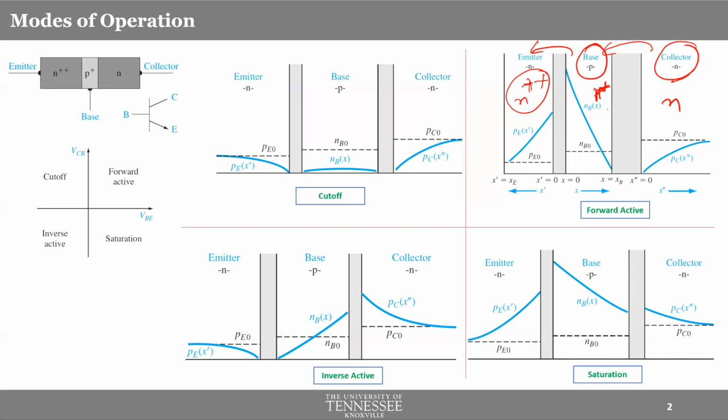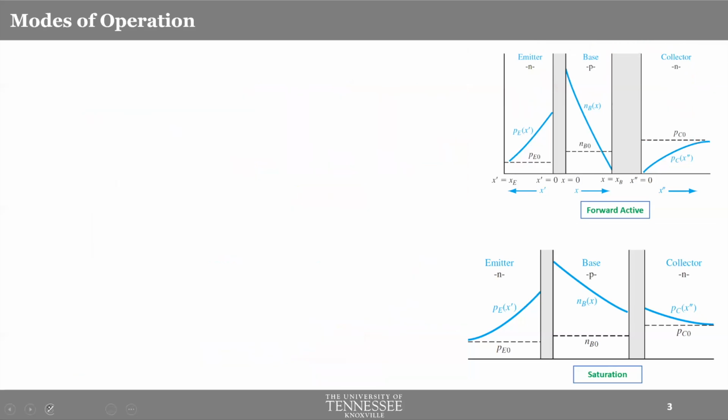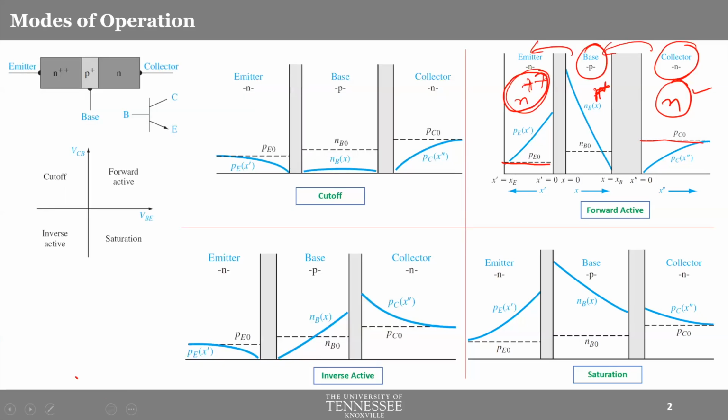So whenever you have a very high majority carrier concentration, the minority carrier concentration will reduce accordingly. So the highest majority carrier concentration will lead to the lowest minority carrier concentration, and the lowest majority carrier concentration will lead to the highest minority carrier concentration. Okay, and just see if this checks out. I'm having trouble with the pen for some reason, but it's okay.